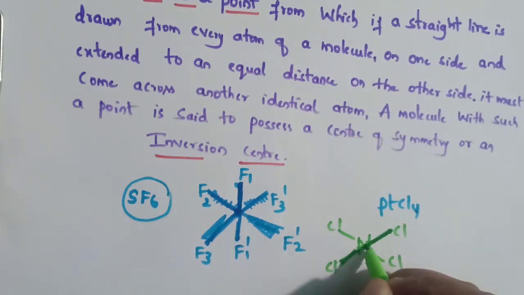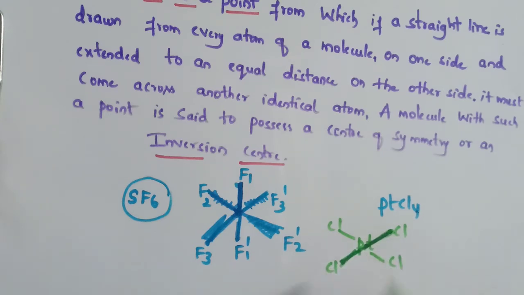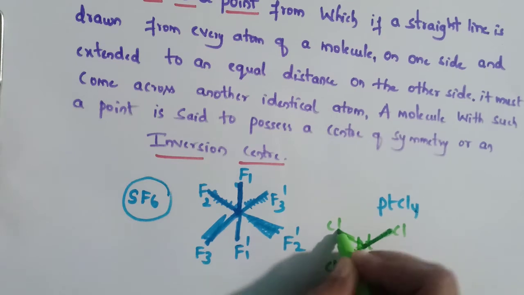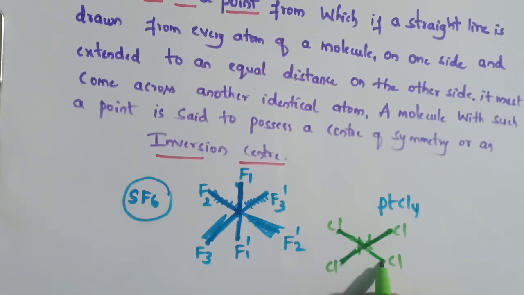If you draw a straight line from the point to another Cl and extend it in the opposite direction, we get the corresponding Cl, and likewise for the others. We meet its twin each time. So it is also an example of the center of symmetry, or inversion center.